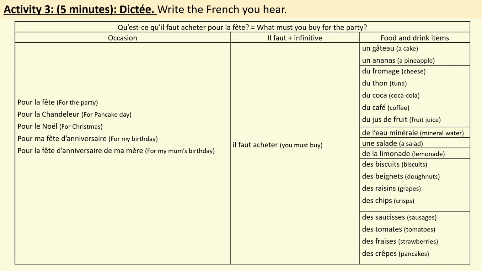Pour le Noël, il faut acheter de la limonade. 4. Pour ma fête d'anniversaire, il faut acheter un ananas.